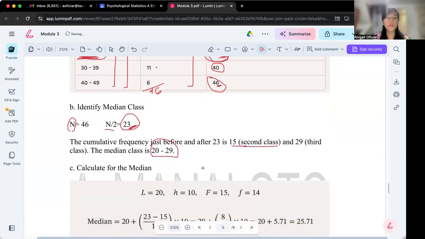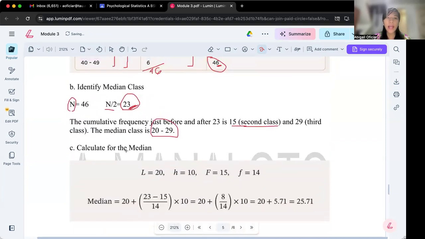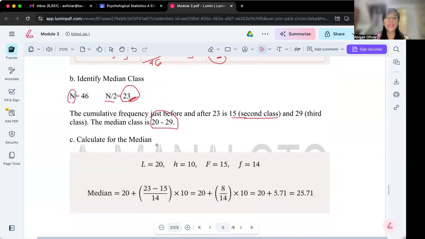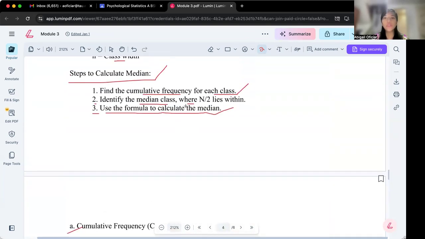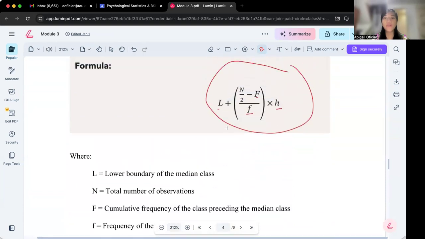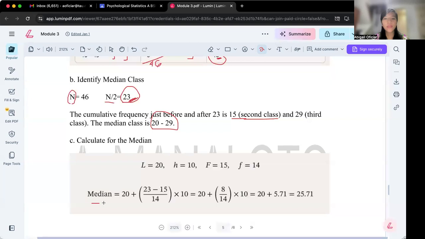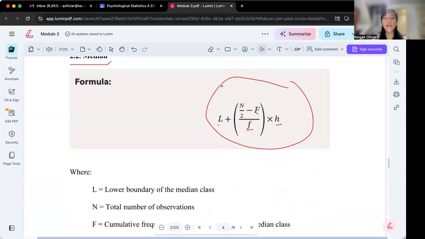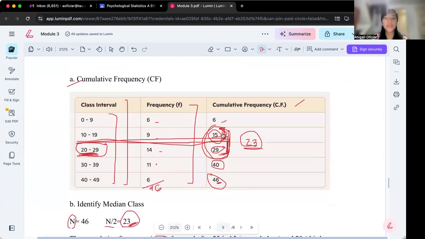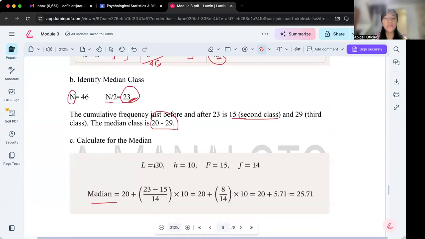Okay? So next, since you know now the median class, calculate for the median. We will substitute using this formula, of course. So we have the median, then we need the value of L. What is our L?